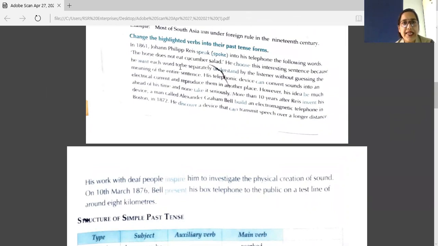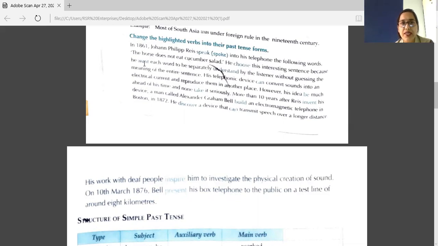First is done. In 1861, Johann Philipp Reis spoke, that is past tense of speak, into his telephone the following words. The horse does not eat cucumber salad. He chews. Now past tense of choose is chose, C-H-O-S-E. This is an interesting sentence because he want.